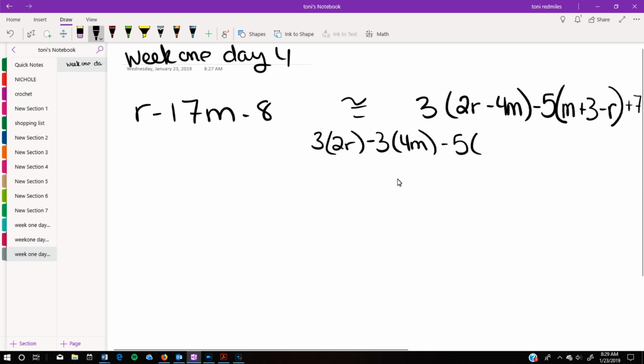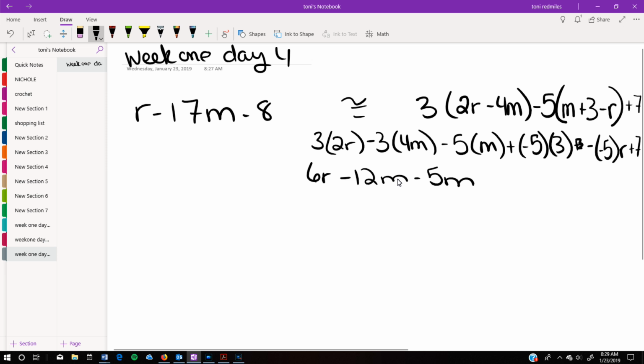So negative 5 times m plus negative 5 times 3 plus, oh, this is a minus, negative 5 times r plus 7. Okay, let's get all of our multiplication out of the way. 6r minus 12m minus 5m.